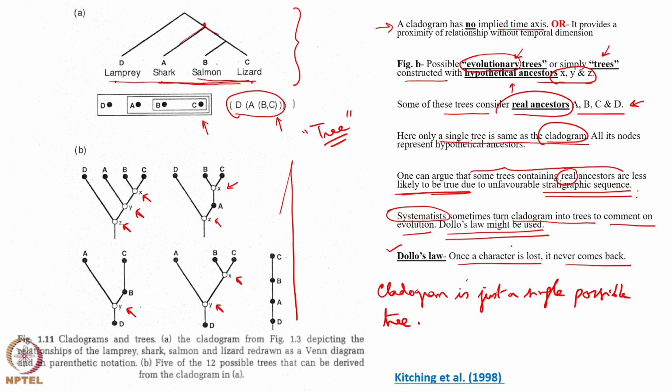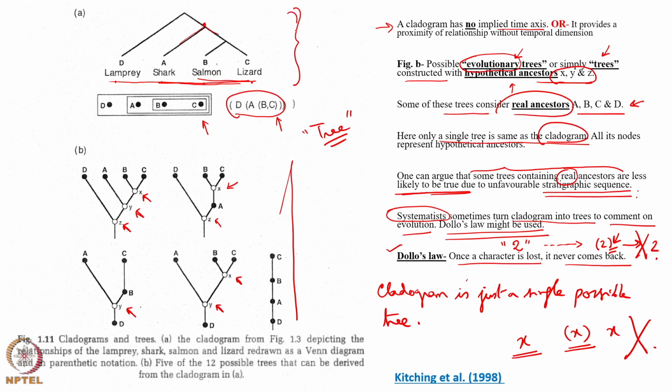That means, if I write some character 2 and then after some time I write within bracket 2, that means character 2 is lost. After character 2 is lost, again 2 will not come back. So, we can write in a cladogram x and within bracket x, but first writing x, then within bracket x, and then again writing x is not permitted.